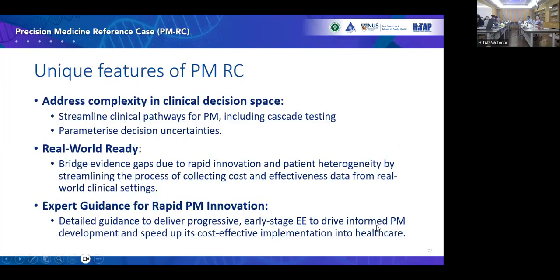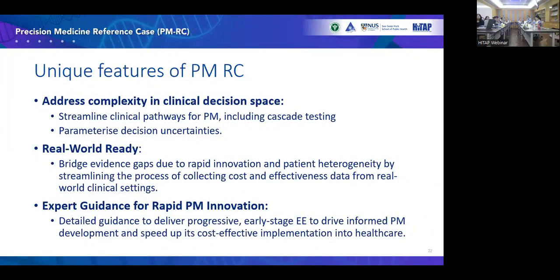And the unique feature is, as we have mentioned, that PM is associated with a complex decision space. We need to streamline the design of this clinical pathway and dissect it into different components and integrate decision uncertainty in the decision node. And also it's very difficult to obtain clinical evidence for PM.